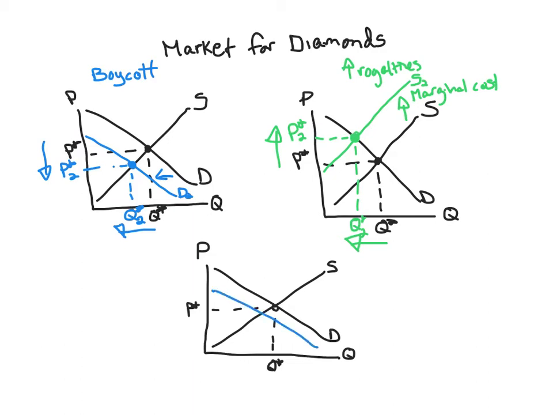So demand decreases. And then let's put in the supply shift from the change in royalty payments. So supply decreases, it shifts left.